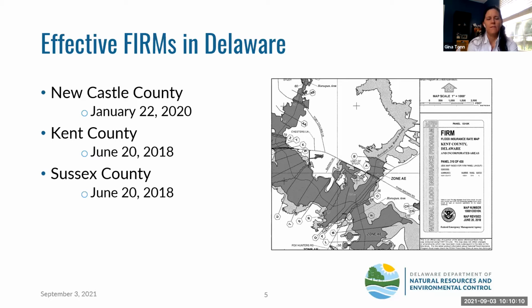There'll be a requirement for the developer to do a floodplain study and change the area of the map that's associated with that development. So sometimes you'll see a variety of different ways that the maps get updated.